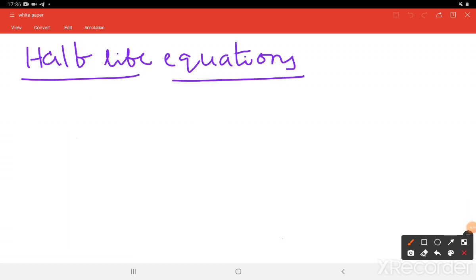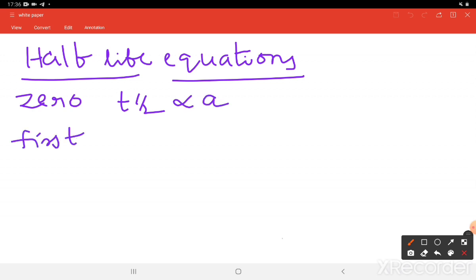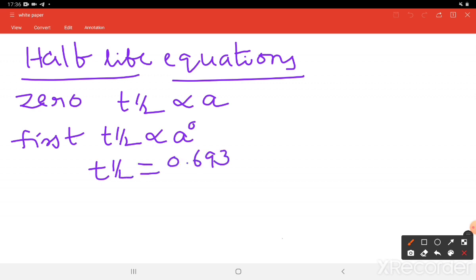Let us see half-life equations. For zero order reaction, T half is proportional to initial concentration. For first order reaction, T half is proportional to a power 0, that is T half is not dependent upon initial concentration, but T half is equal to 0.693 by rate constant.